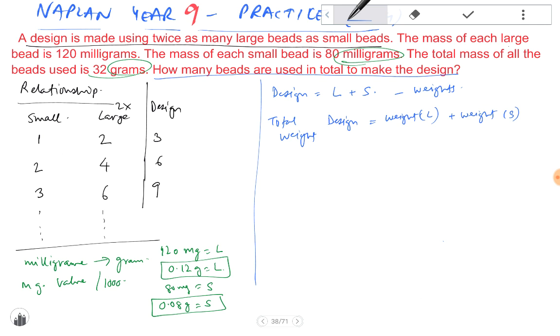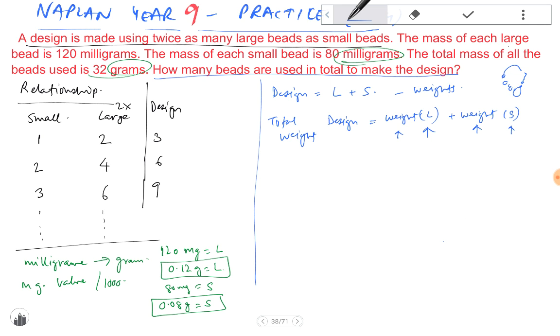How many beads are used in total to make the design? Because when you make a design, whether it's a necklace comprising all the beads, the necklace would then have a certain weight. So we need to factor in the weight as part of our equation. All we have to do is replace our values. We know the weight, and we know the relationship between the small beads and the large beads.